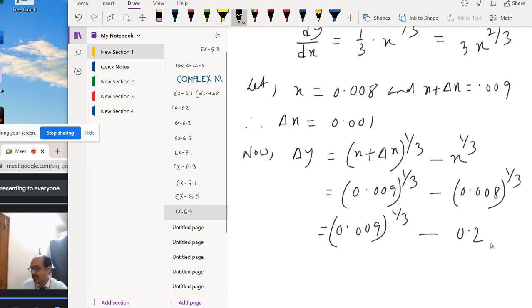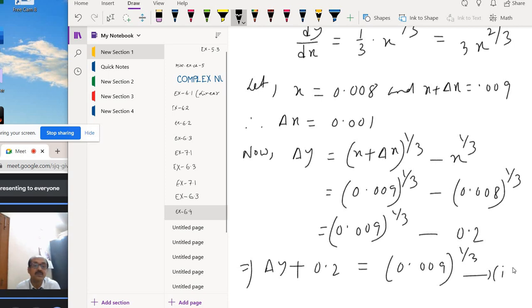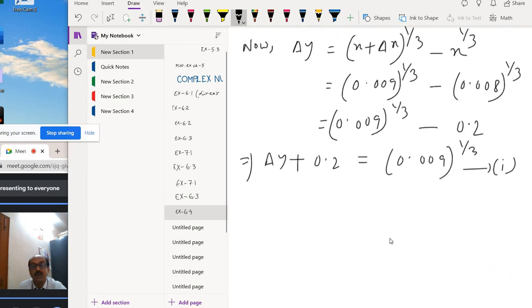So delta y plus 0.2 is equal to 0.009 to the power 1/3. This is equation number 1.